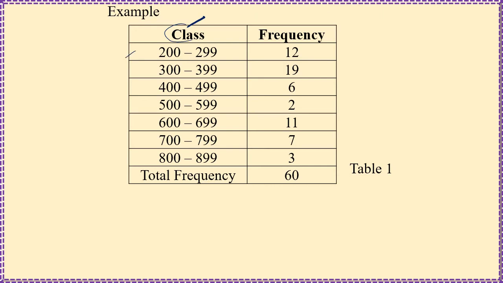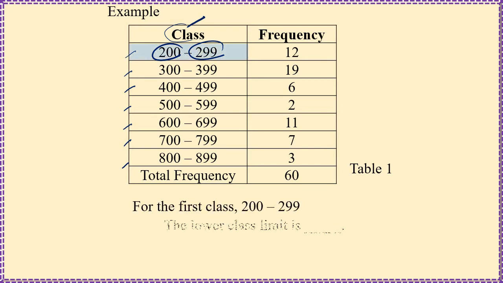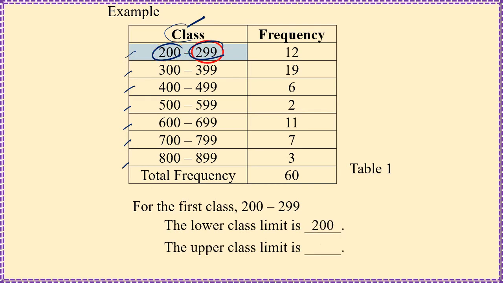How many class intervals does it contain? 1, 2, 3, 4, 5, 6, 7. Each class will have a lower and upper limit. The lower limit for the first class is 200, and the upper limit is 299, and so on.